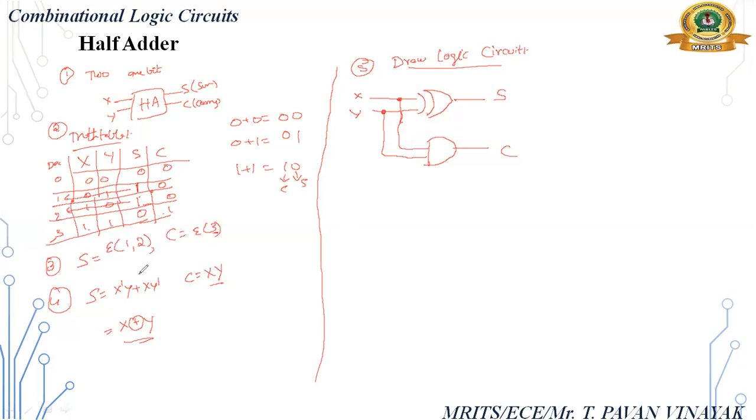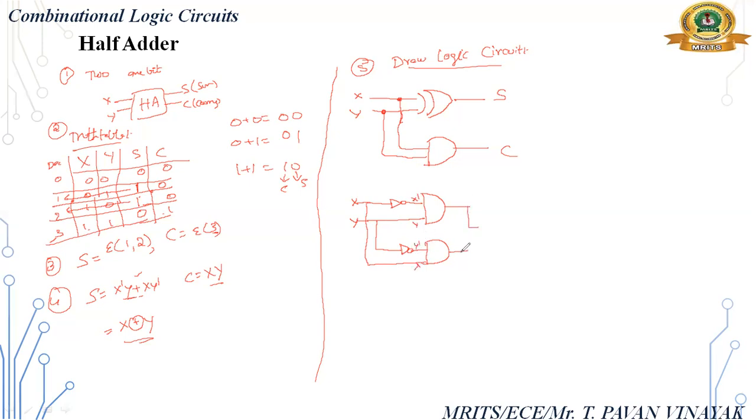Another circuit: using this expression I am drawing it. X, Y, Y bar, X. So this is X bar Y, and this is X Y bar.